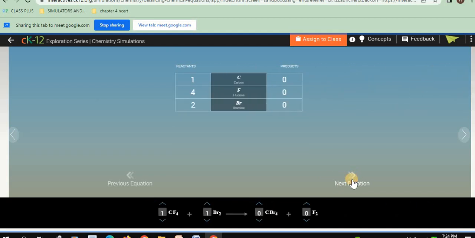Earlier we have written CH4. Now we have written CF4, carbon tetrafluoride. So, first of all, I will make 1, 1, 1 everywhere. Now, how many carbon is already balanced? Fluorine, how many fluorine are there in the left hand side? Four. Right side, four. I want to make 4.